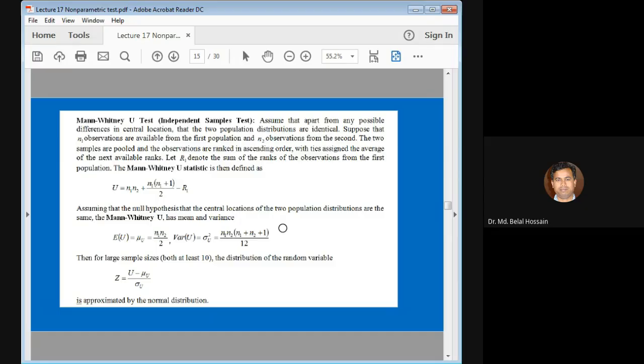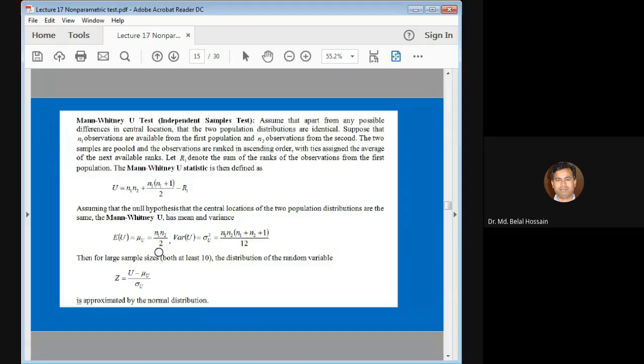We have no means, but we are saying the central locations. You have to learn carefully that in non-parametric test we have no parameters here. We are talking about that central location, whether mean or usually the median, but that is not denoted by any parameter because there is not any parameter here.